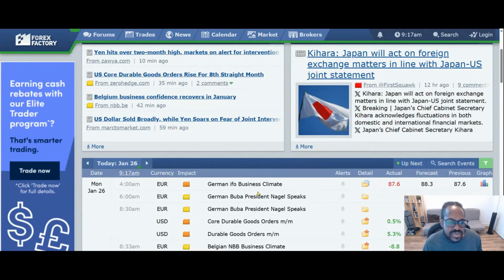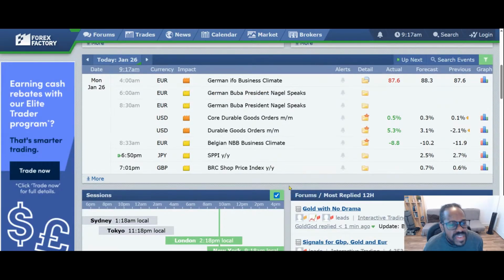In the news today, we don't have any red folder news in regards to the US. We had a few orange folder news. Core durable goods orders came in at 0.5%, so that's positive.